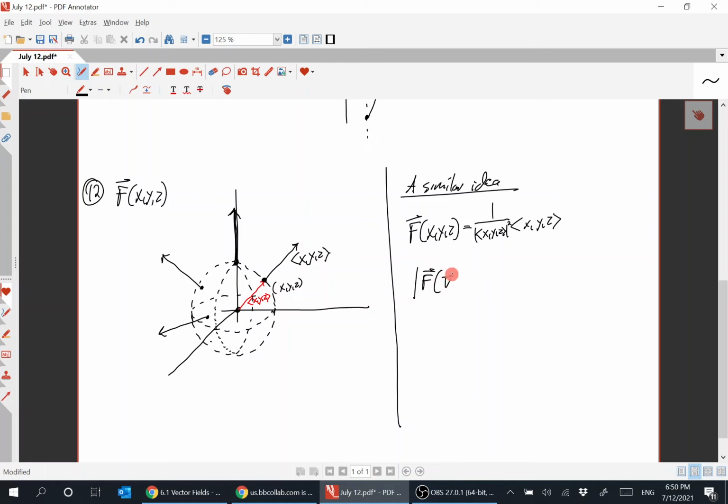The length of F(v), so let's just write F(v) this time, is going to be equal to, well, this one has length 1 over the length of v squared, and this one has length just the length of v, so 1 over the length of v itself, canceling those out. So you would still have the same direction, but the vectors are getting smaller as you go outward.